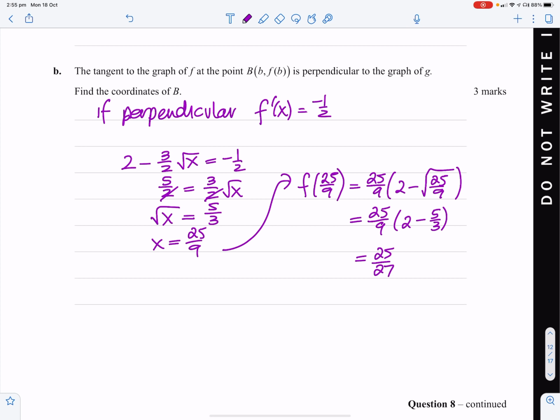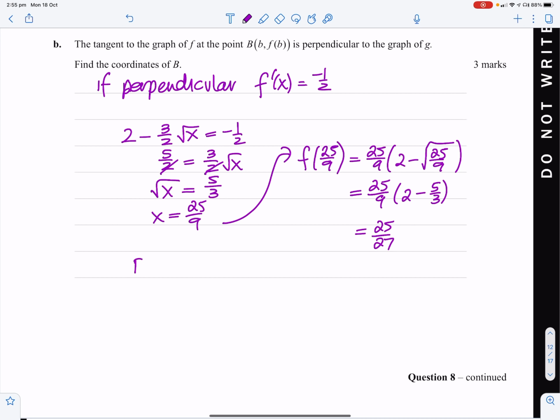So we get 25 over 27. So B is 25 over 9, 25 over 27. Is that right? I think that's all good.